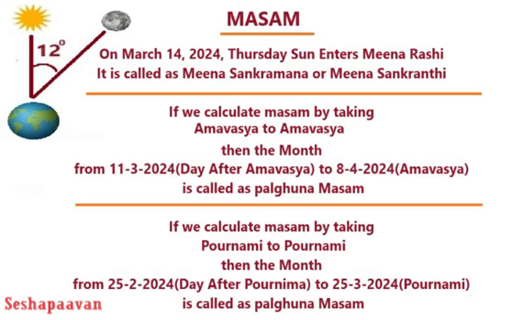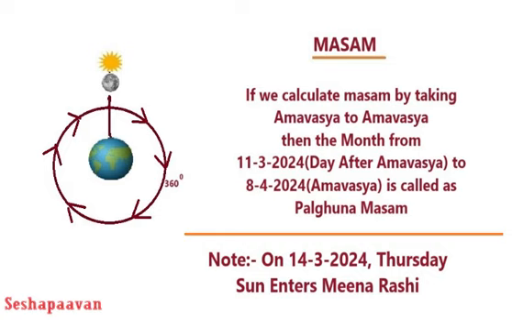I am once again telling that if we calculate Masam by taking Amavasya to Amavasya, then the month from 11/3/2024, that is the day after Amavasya, to 8/4/2024 Amavasya day, is called as Palguna Masam.